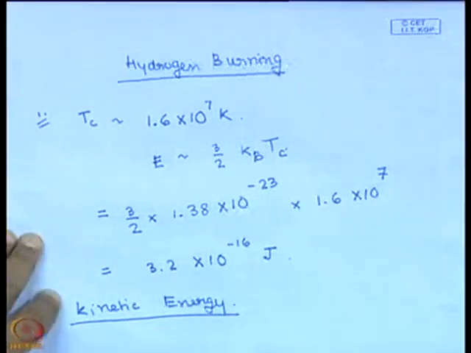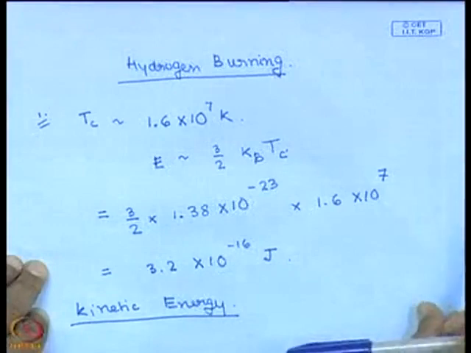Now, the next question is that for nuclear fusion, for hydrogen burning to occur, the first step is the PP collision. So, we need two protons to collide to form a deuteron.